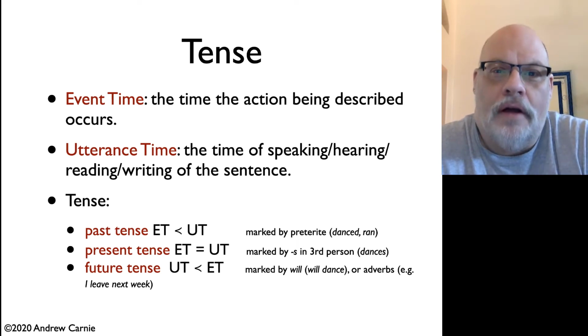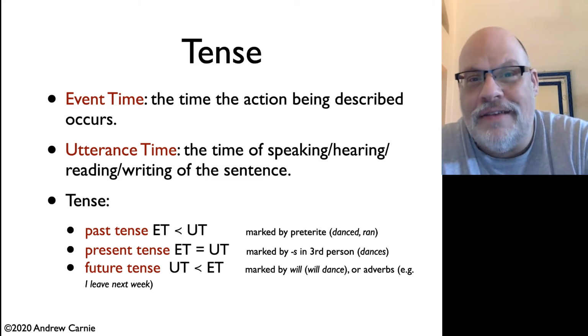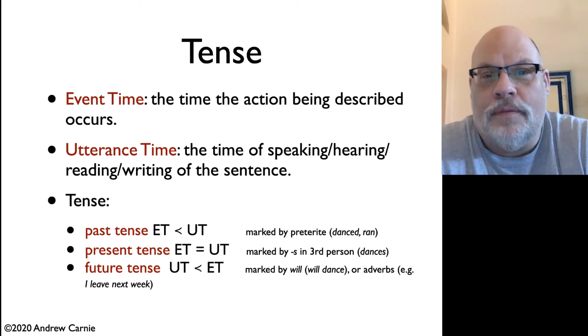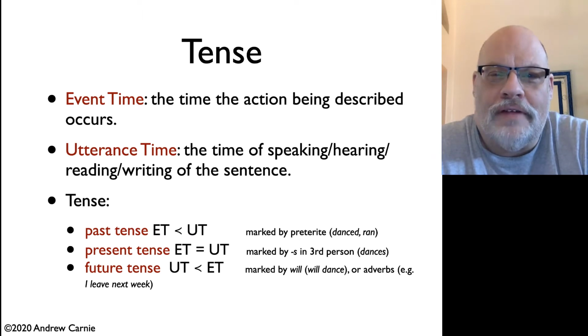In English, we can also indicate something will happen in the future by simply using the present tense combined with a future adverb, like I leave next week or he leaves next week. So sometimes the future tense in English is not marked with will. It's marked in other ways. But we're going to concentrate on the occasions when it is marked with will.